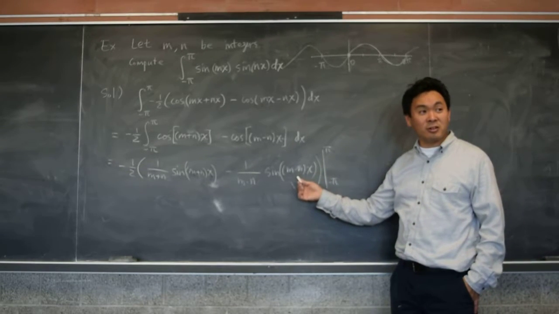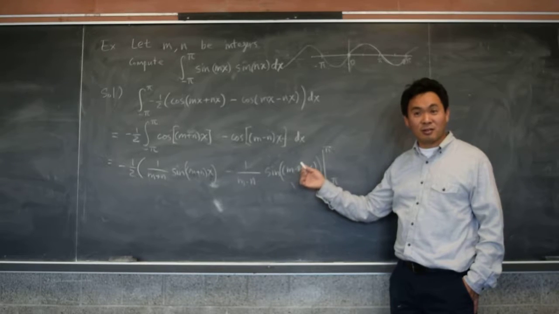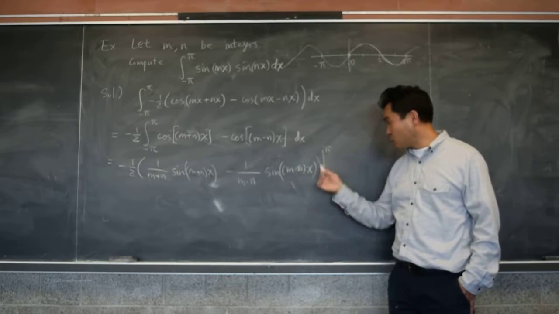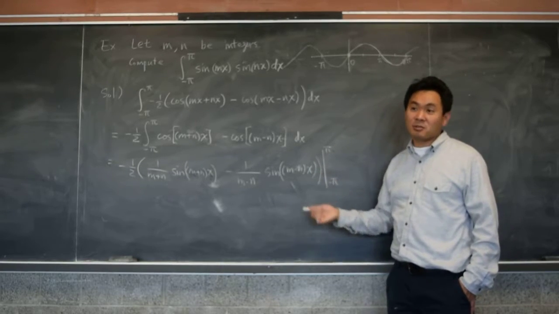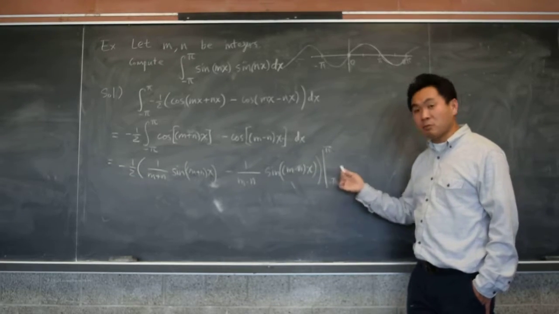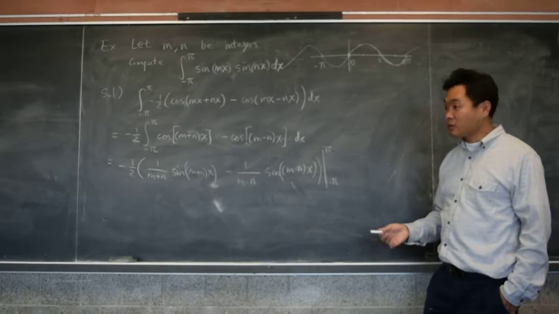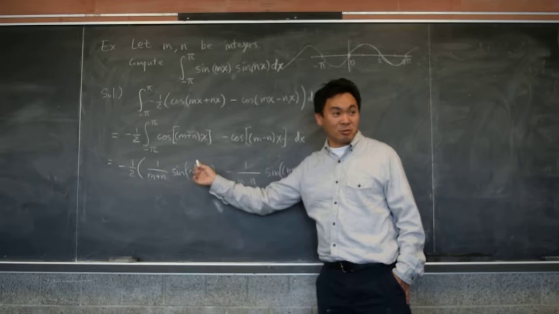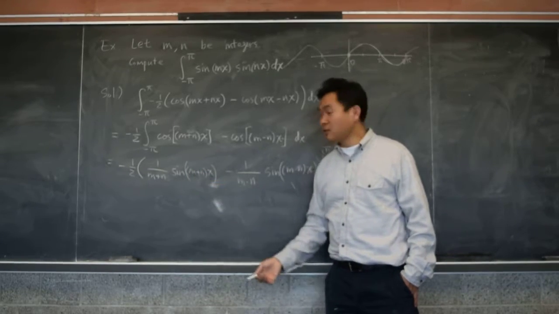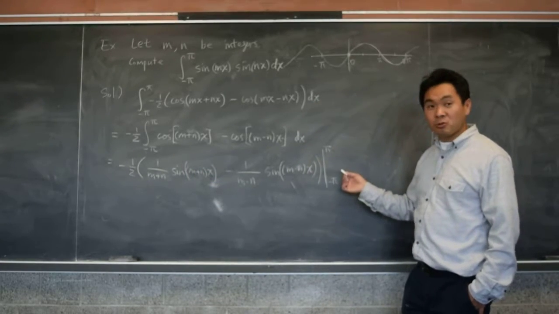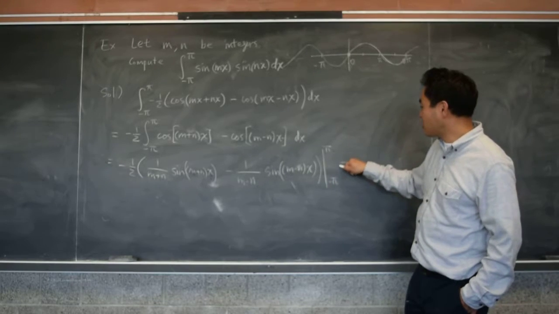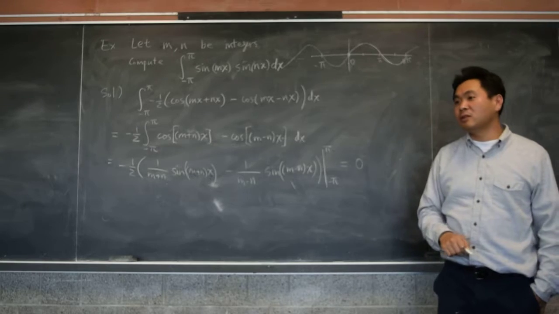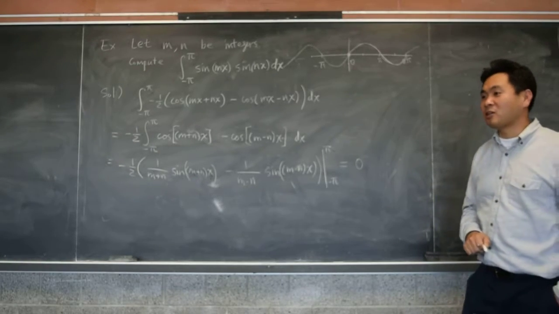Integer minus integer is another integer, integer times x, and when you plug in pi, it'll be 0. What would happen if you plug in negative pi? 0 again, because negative times some integer is another integer. So what's the conclusion? It'll be 0. So with all this work, we got 0.